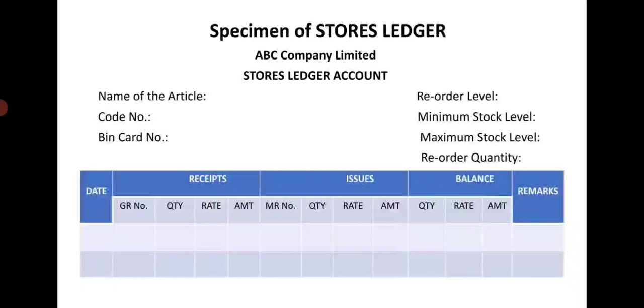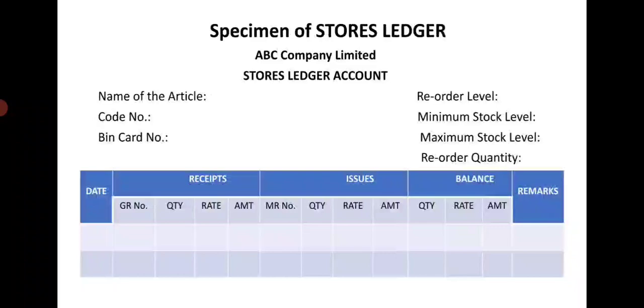If the date and rate of the issue is not given, then the materials received to the store should be priced at the current issue method, whether it is FIFO, LIFO, simple average or weighted average. So current issue price should be followed.